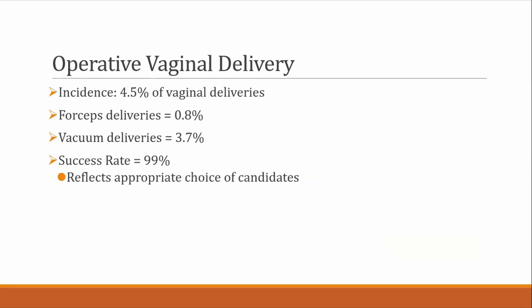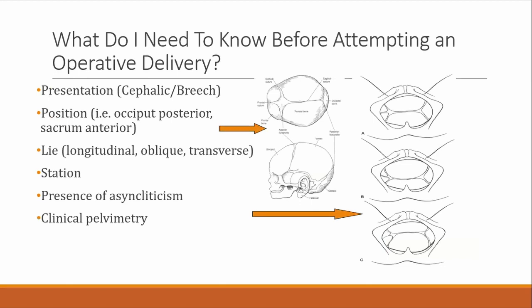That means there are some things we should know before attempting any operative vaginal delivery. One of these things is that we should assess the presentation, and we should have the skill to assess the position, because the eligibility of candidates for operative vaginal delivery depends on it.